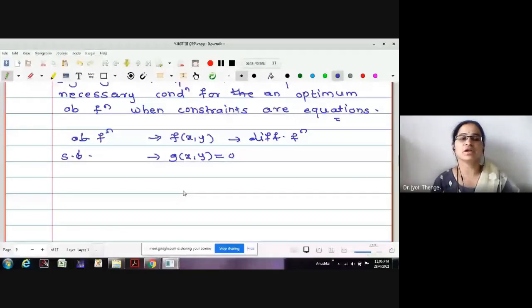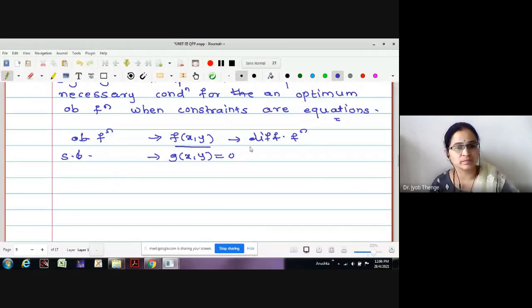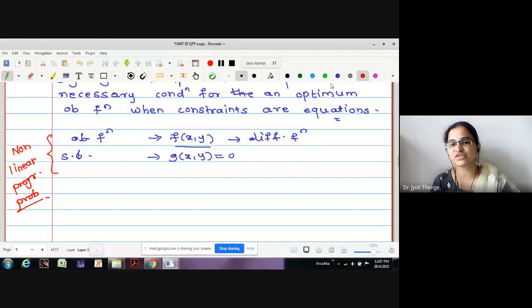Okay. Therefore, what is the objective function under consideration? f of x, y. Now the function may be linear, may not be linear, but one should consider the function to be a differentiable function subject to the constraint g of x, y equal to 0. With this we are going to construct a non-linear programming problem, because there is no restriction on the objective function and the constraints to be linear.